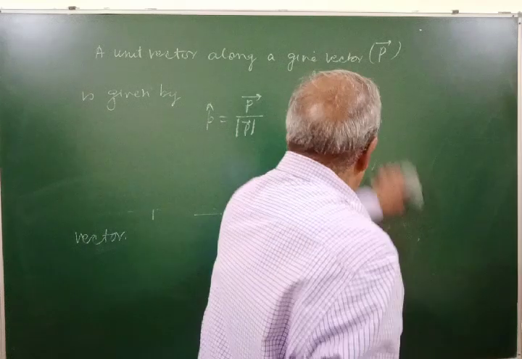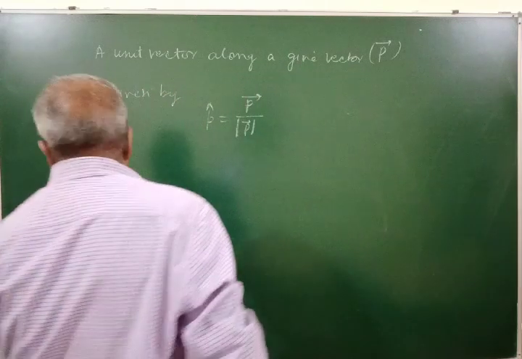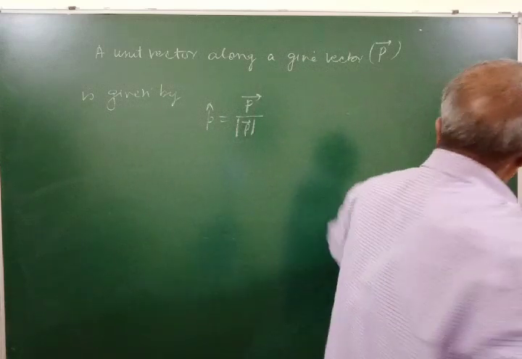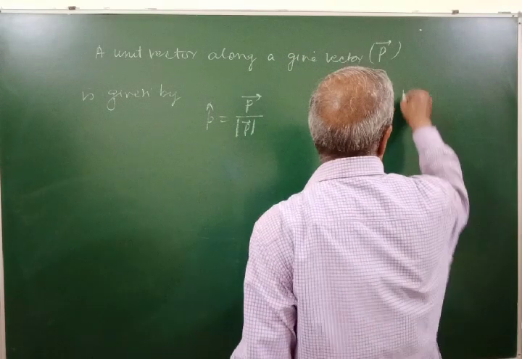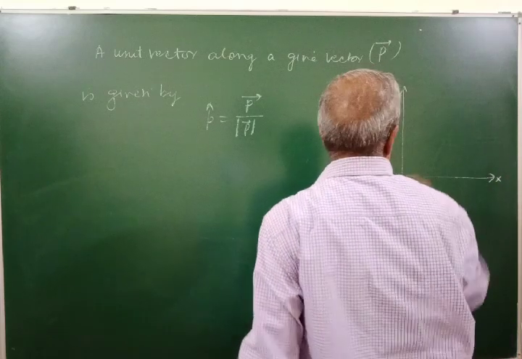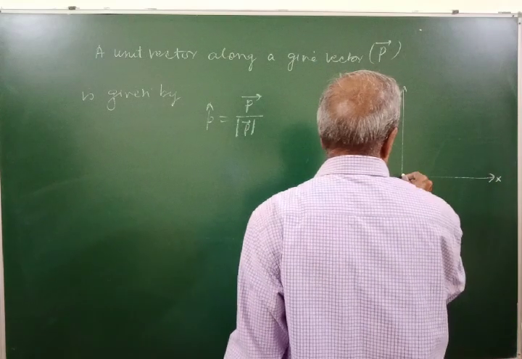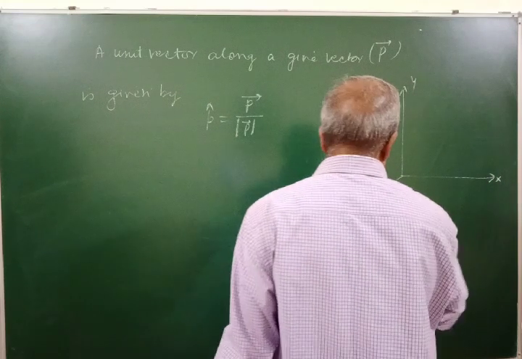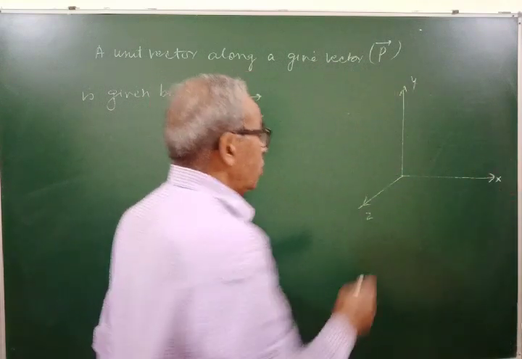Now in physics, we can use any letter to represent an alphabet. So here we use x, y, z axes. These are three directions also. It is the origin here.